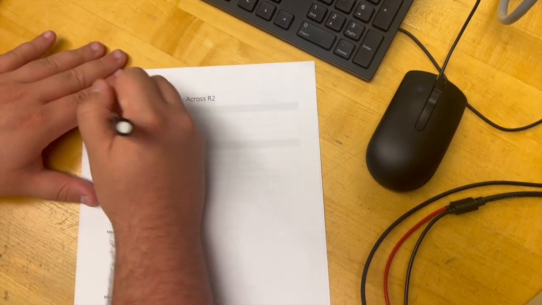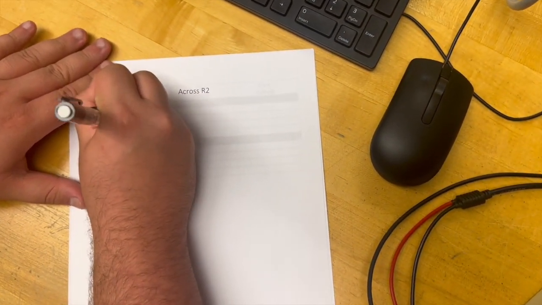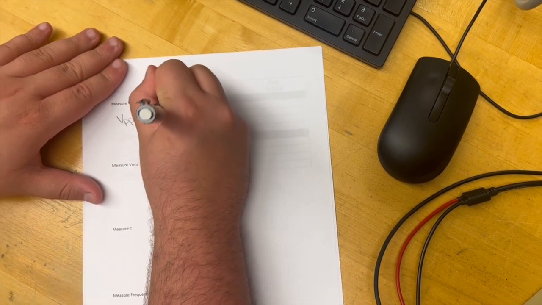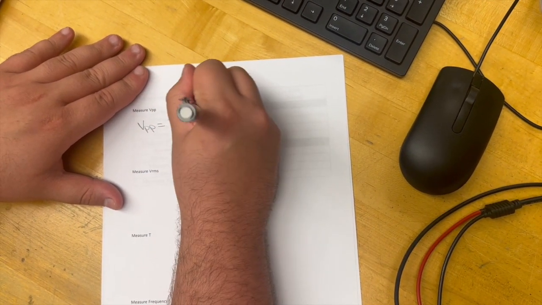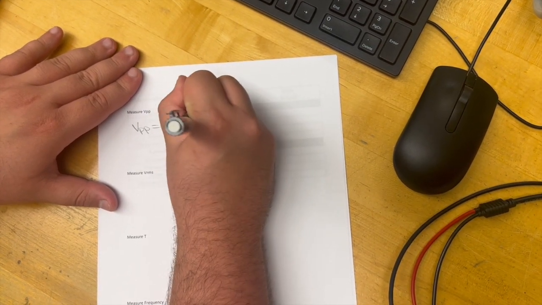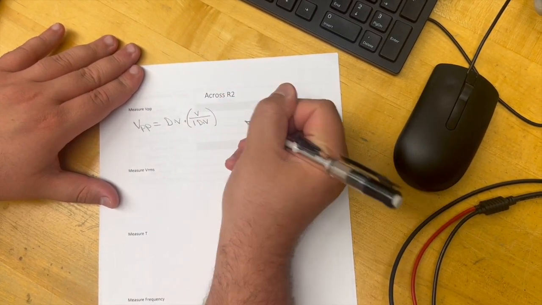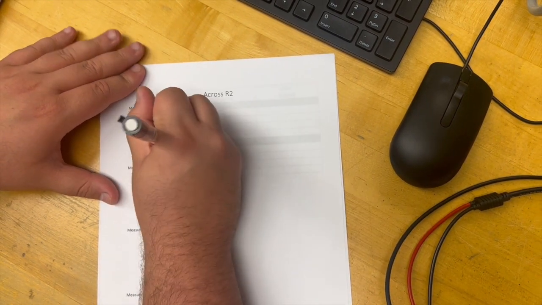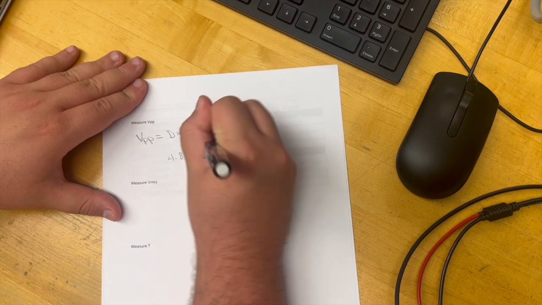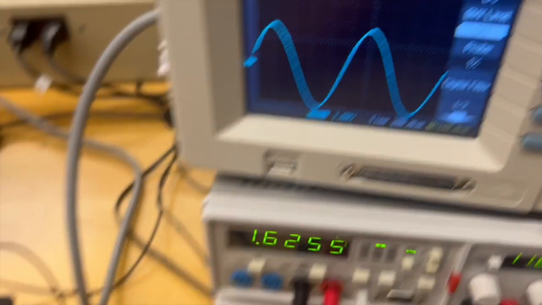So like we remember from our other section, VPP equals divots times our voltage scaling over 1 divot. So we know our divot was 4.8 divots times our scaling, which for this one is 1 volt.